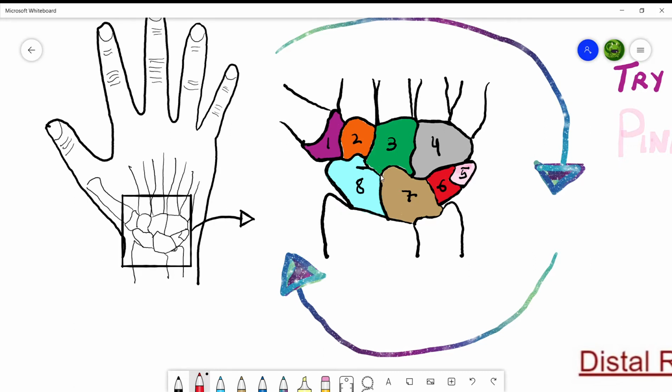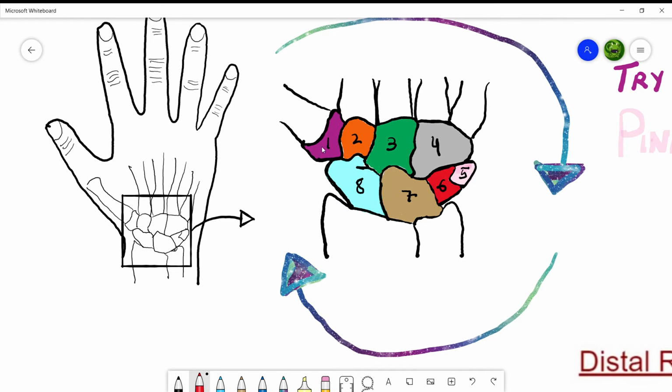As I said before, there are 4 bones in each row, 4 in the distal row and 4 in the proximal row, right? So what bone is at the start of each row? Like if it's a distal row, what is this bone number 1 here? And as this is the proximal row, what is the bone at number 5 here? So the mnemonic that I have made starts from the thumb side, right?